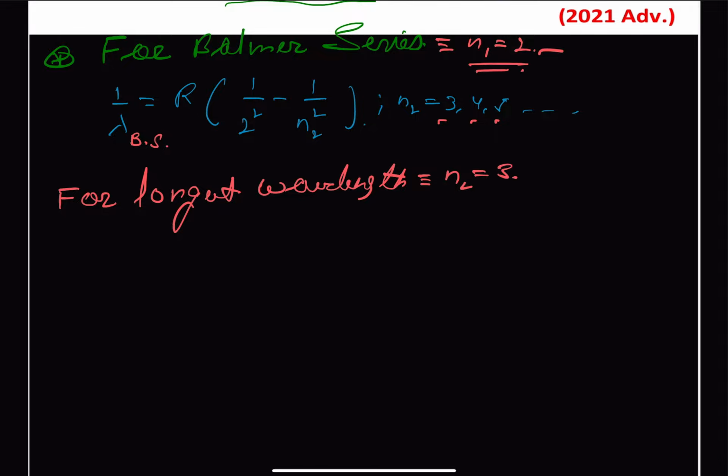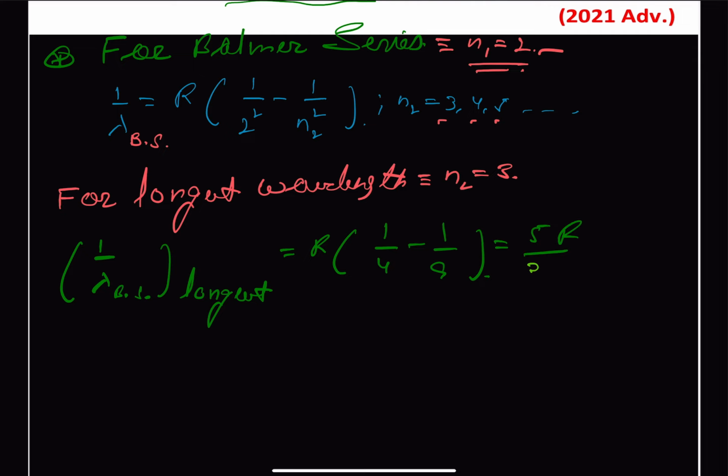Therefore, we can say that 1 upon lambda for Balmer series, and this is our longest wavelength, will be equal to R times 1 upon 4 minus 1 upon 9, and this gives us 5R upon 36.